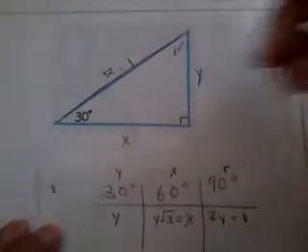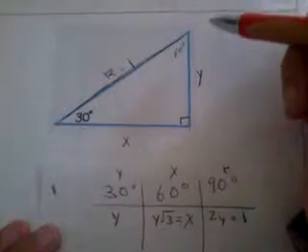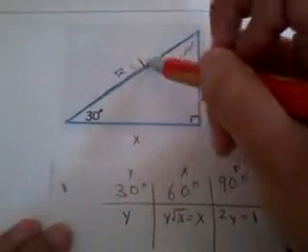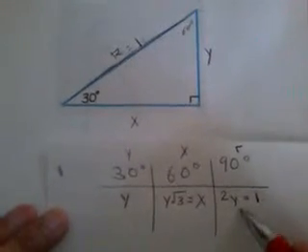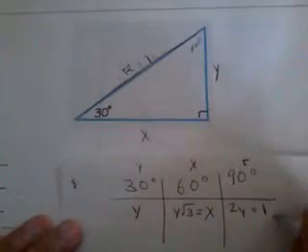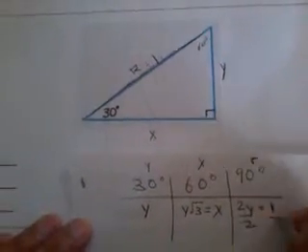So now we know that we have the length of one side, the hypotenuse, and it's 1. We can figure out this one since the hypotenuse is 2y, twice this one. So we solve for y, divide by 2, and we get y equals 1/2.